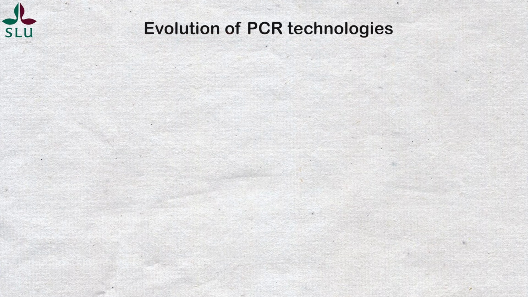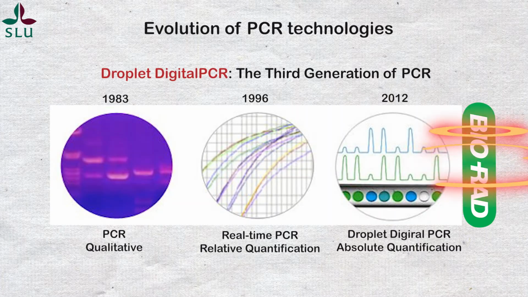However, ever since then, we have experienced enormous technical development in the field of molecular diagnostics. This image from Bio-Rad nicely summarizes the development in the area. Although the PCR technology revolutionized the field, a well-known disadvantage of conventional PCR is that it's only possible to denote the presence or absence of various pathogens of interest.